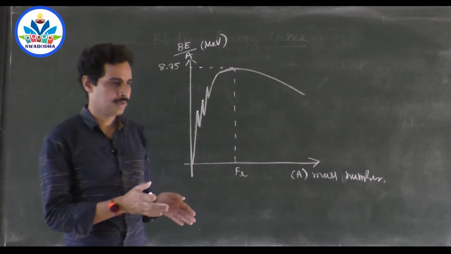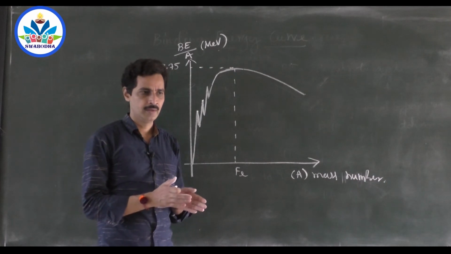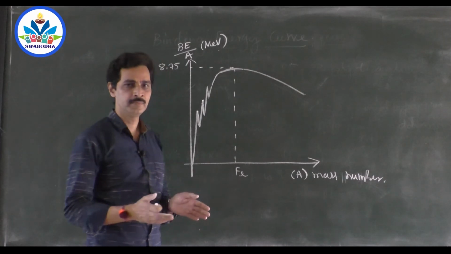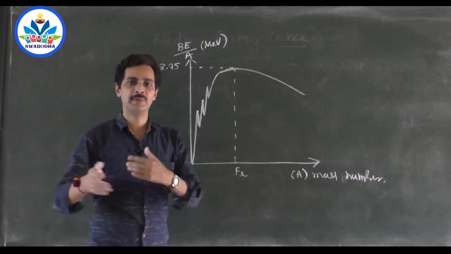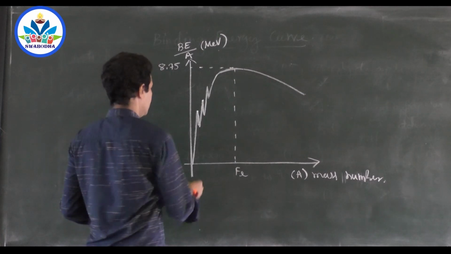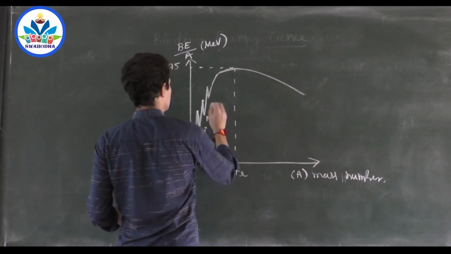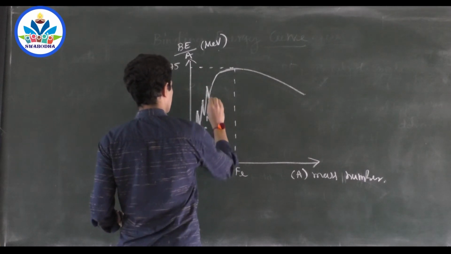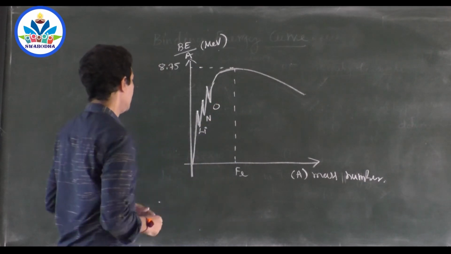Suppose the binding energy of lithium is something, then beryllium will not be the same as its neighbor lithium. There will be much difference. There is a sudden high increase and decrease. So this is lithium, nitrogen and oxygen. And what about this one?